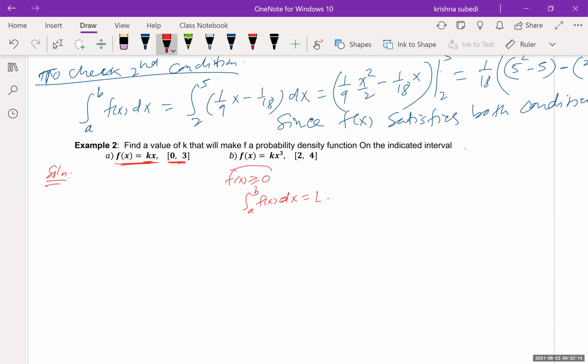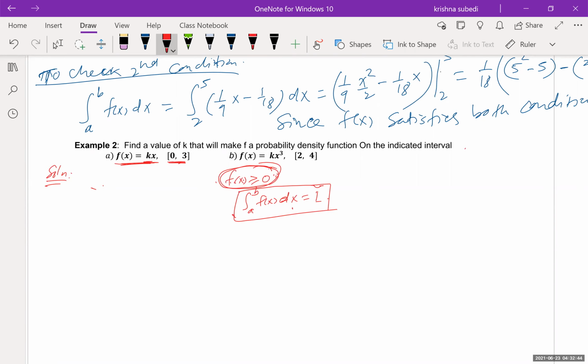Even if we consider that first condition and solve it, this kind of inequality may not give us a particular value. So for simplicity, you may want to start with the integral condition, because it is an equation and, depending on the function, you will get a definite value from it, okay?